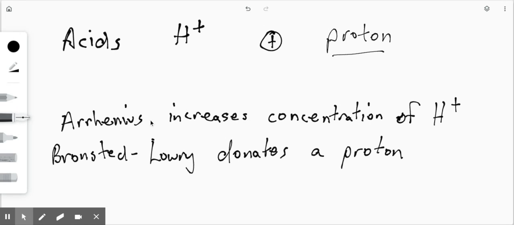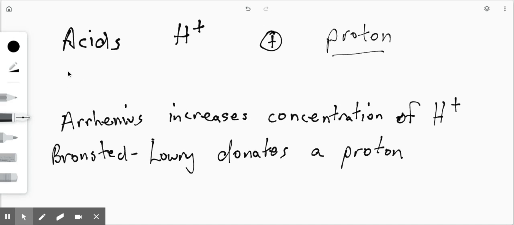Arrhenius says, well, if you have a chemical and it increases the concentration of H plus in a solution, the amount of H plus in a given volume, then it's an acid. Bronsted-Lowry said, well, if you have a chemical and it donates a proton to another chemical species, then it's an acid. So let's take a look at what that might look like in real life.